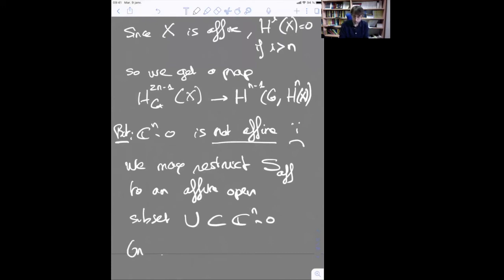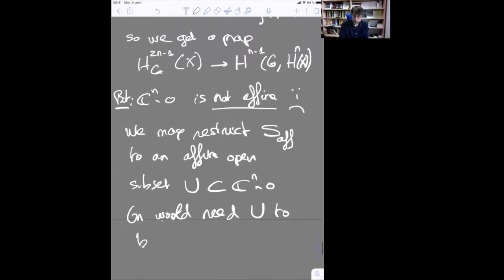So one will need U to be G invariant. That's too much to ask. So one way to restrict to an open subset that is affine is to erase, let's say, a hyperplane. You get then an affine variety. But if you want it to be G invariant, you want to erase all translates of this hyperplane, and that makes a lot of hyperplanes to erase. So it's a bit strange.